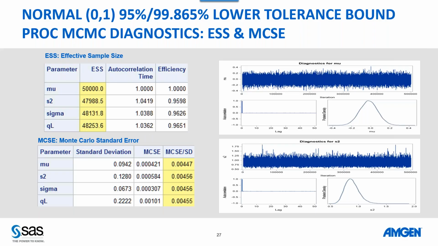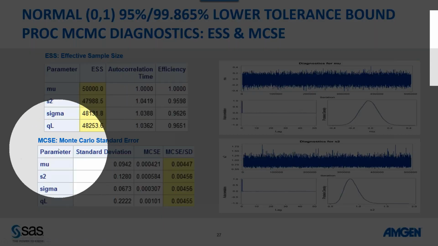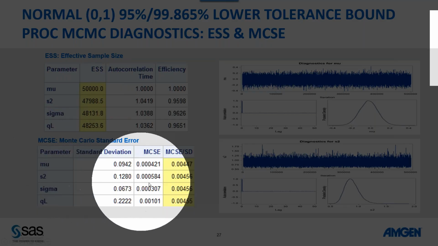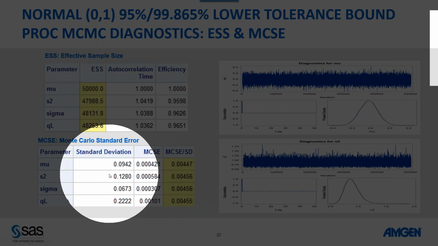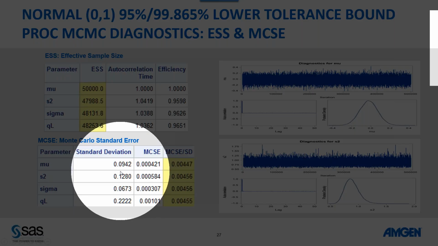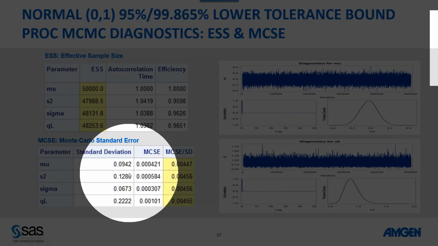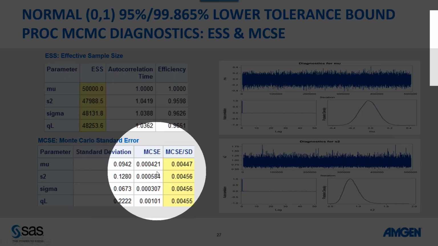A related concept of effective sample size is the Monte Carlo standard error, which is shown on the second page of it. The posterior estimates that you see are subject to two sources of variation. One is the posterior standard deviation itself, because that's what we want to quantify. That's due to the data, due to how much normal data one gets, and that's a sampling variation, which we want to quantify. The second is this thing called Monte Carlo standard error.